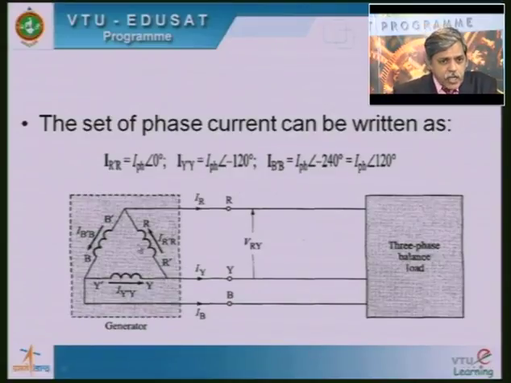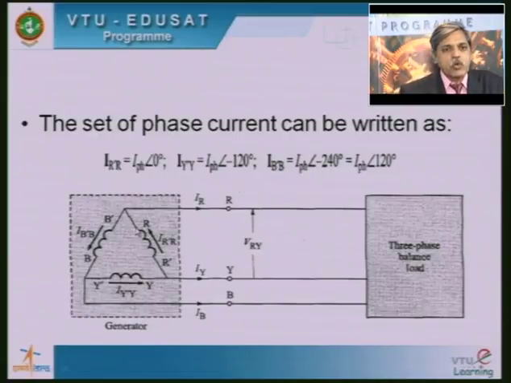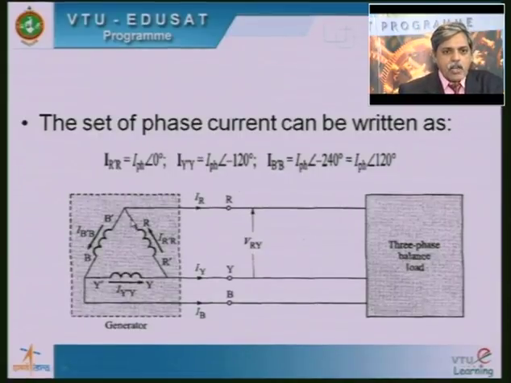Now I just measure the voltage available across R dash. There is an induced voltage, and there is an impedance for the coil. Subtracting the drop across the impedance from the induced voltage, the voltage available at the terminals of this R phase I call the phase voltage. I can write it as VR dash, but because R dash is connected to Y, R dash can be replaced by Y, therefore I will get the voltage here as VRY.